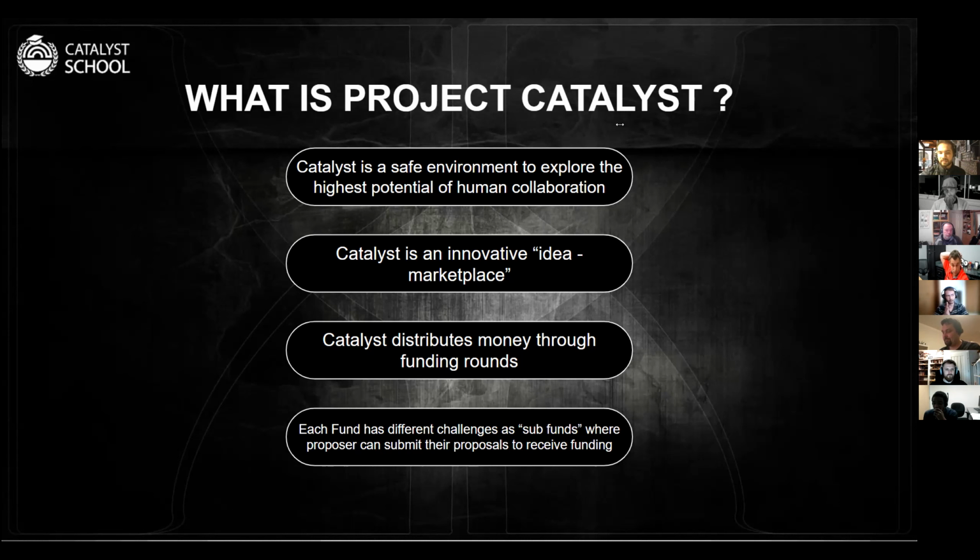And the funds of these challenges are not necessarily the same. As was presented today in the town hall, there are some challenges that have, for example, a $200,000 budget. There are some others with 500,000. And also most of them are community choice. They were proposed in Fund 6, the community voted for them, and now they are available in Fund 7 for other community members to propose ideas, projects and solutions there.